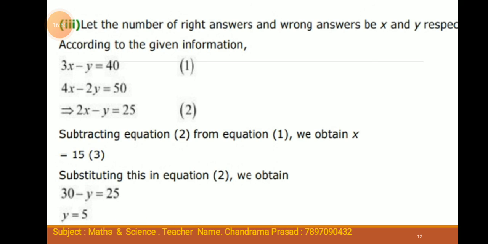It means the number of right answers equals 15 and wrong answers equals 5. Therefore, the total number of questions in the test equals 15 plus 5 equal to 20. This is the answer.